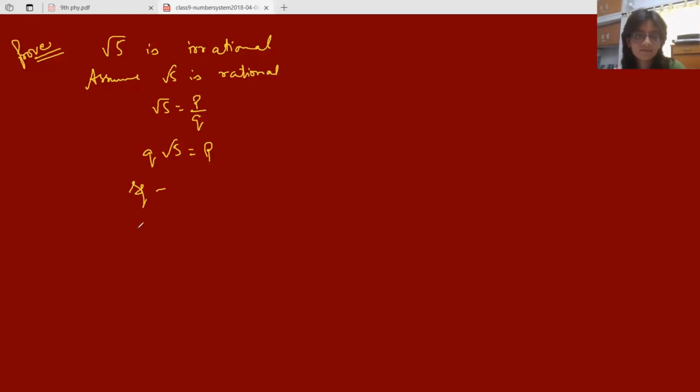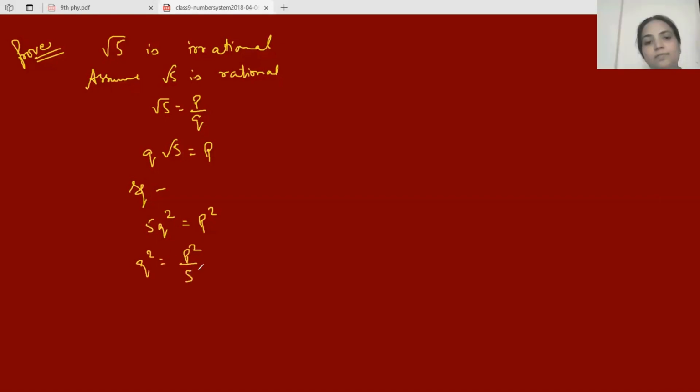Then 5Q square is equal to P square. Yes, ma'am. And then Q square is equal to P square by 5. Very nice. Then ma'am, the conclusion, P is divisible by 5.